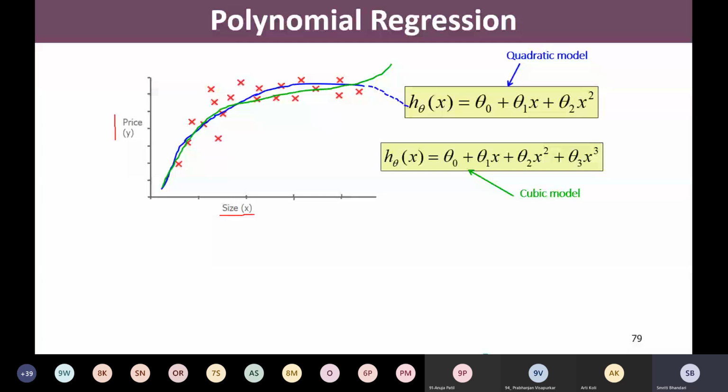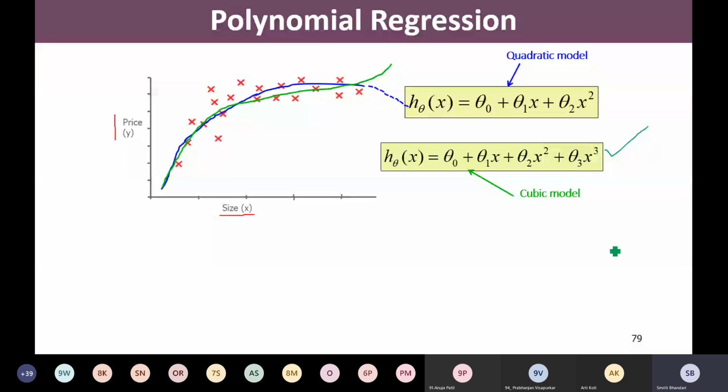Okay. So if I try to fit this equation with respect to my data, I may get a plot something like this. And now if I look at this plot, this is not declining any further like the quadratic model, but it goes on increasing with respect to the size of the house, right? So I may think that this would be the appropriate model, the cubic model, and I may go with this.